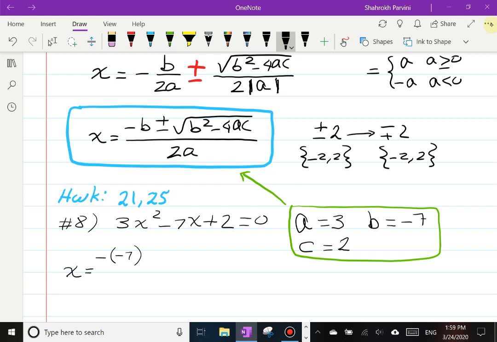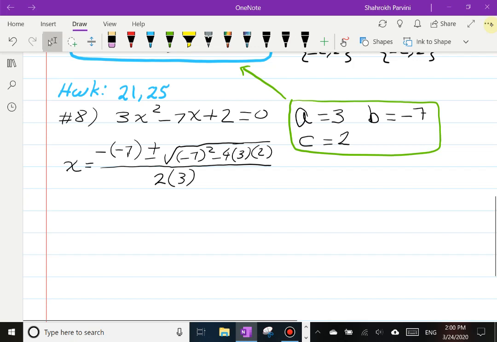That's what this number is, negative 7, plus or minus the square root of b squared, that would be negative 7 squared, minus 4a. A is 3 and C is 2. And there you have it. All of that is going to be divided by 2a. That would be 2 times 3. And there we have it.